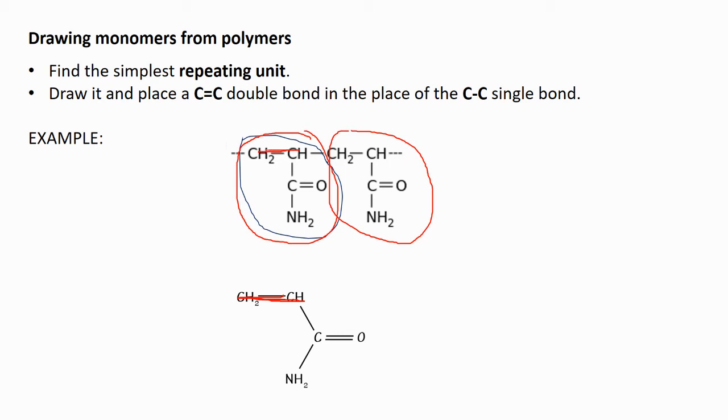So you've replaced the single bond between the carbons with a double bond, and the rest of it, you're just going to draw exactly the same. So on this carbon here, it's only got 2 hydrogens, so you write 2 hydrogens. On this carbon here, it's got 1 hydrogen, and this group here. So there's the second carbon, and then there's the side group. So you just copy the side group exactly. All you've done is change the single bond into a double bond, and just drawn it once, and then you've drawn the monomer.